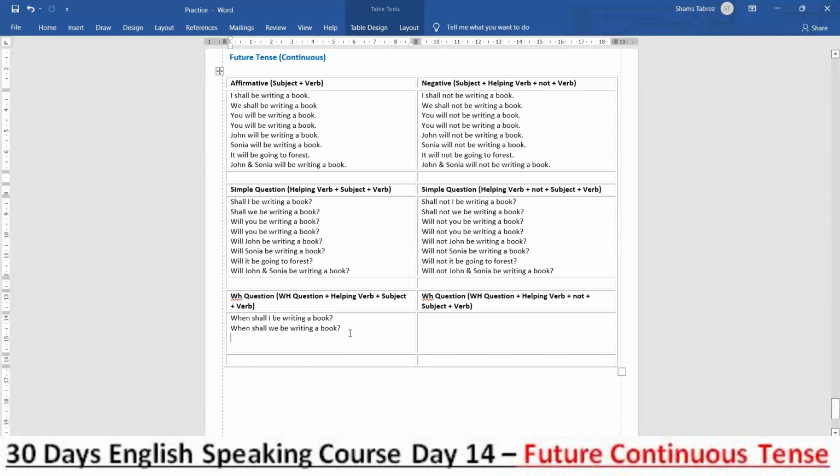Now, next question. When shall we be writing a book? We shall be writing a book tomorrow. Yes, so you can like this add, right? Then this one. So when will you be writing a book? Let's say somebody is asking me this question, when will you be writing a book?